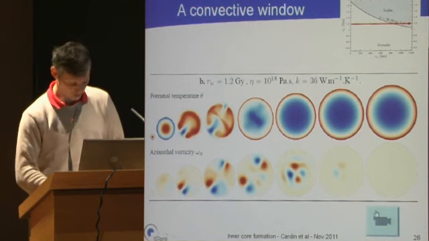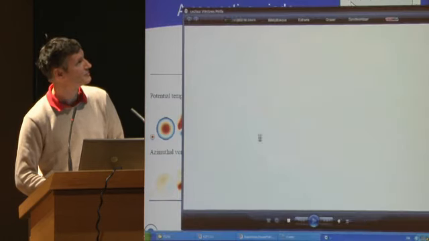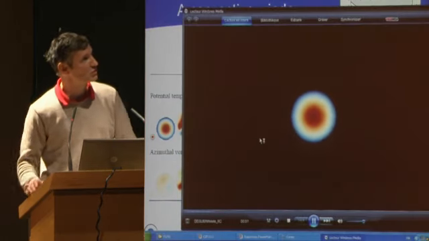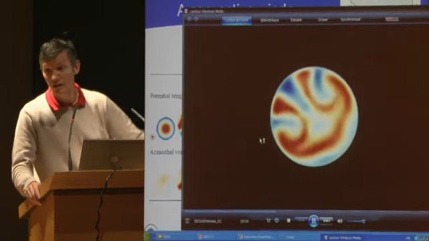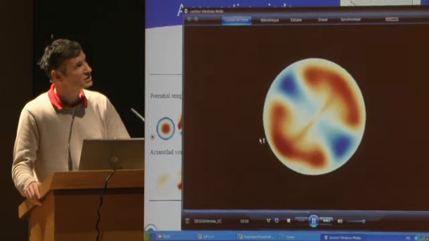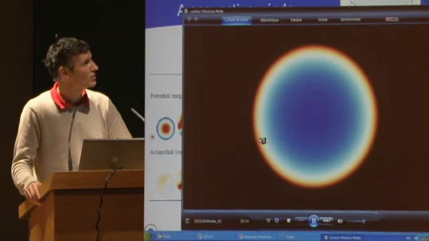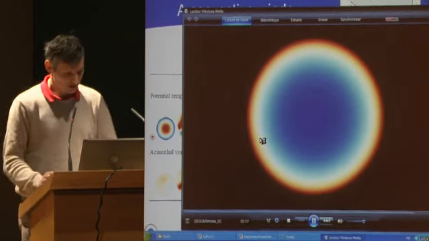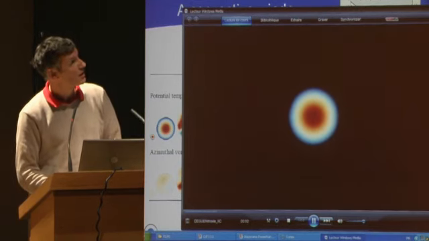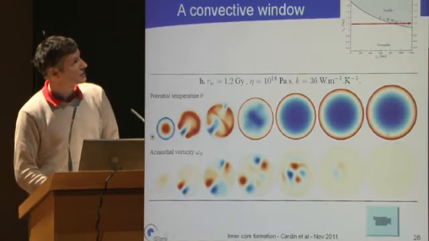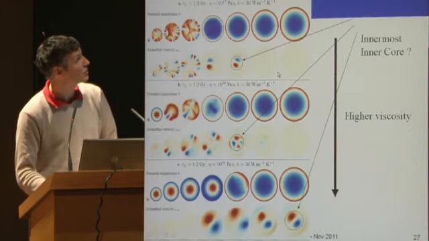So you have a second movie where at the beginning, no convection, and then you reach the critical Rayleigh number, the m=1 motions, and then the plumes, and then you cross again the stable line. So that is very interesting. We call that a convective window.